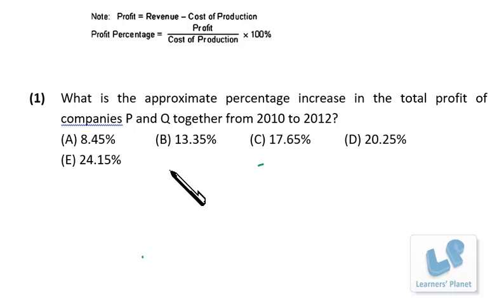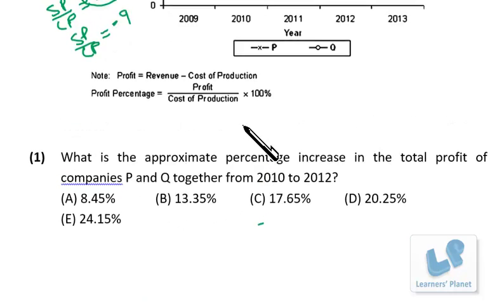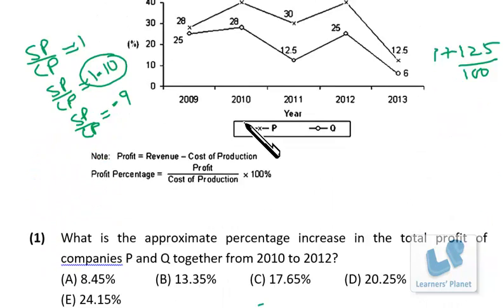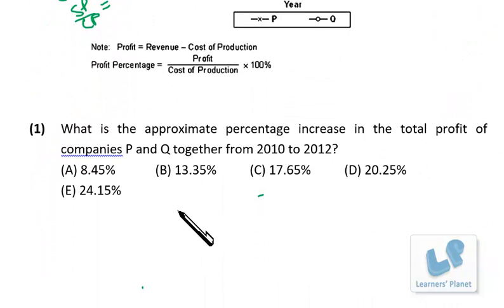What is the approximate percentage increase in the total profit of companies P and Q together from 2010 to 2012? For this we need to find out the profit of P and Q, both the companies for both the years, right? I have already told you how to find out the profit. So for P year 2010, revenue is 175 and profit percentage is 40. So the profit will be 175 into 0.4 upon 1.4, right?